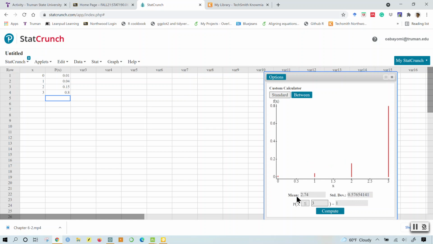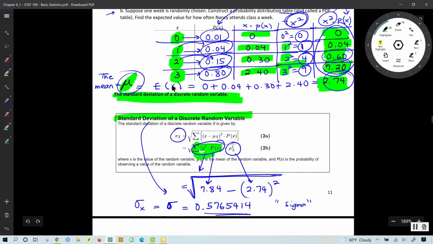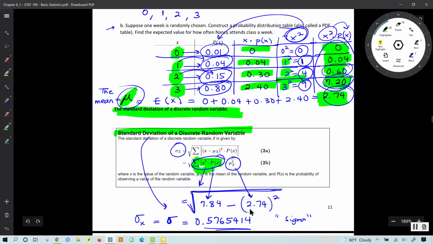For now, we concentrate on the mean and the standard deviation, and you can observe that all the values we have here match exactly what we did by hand earlier, where we got the mean to be 2.74 and the standard deviation to be 0.5765414.